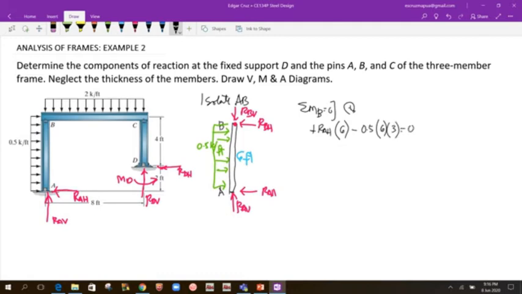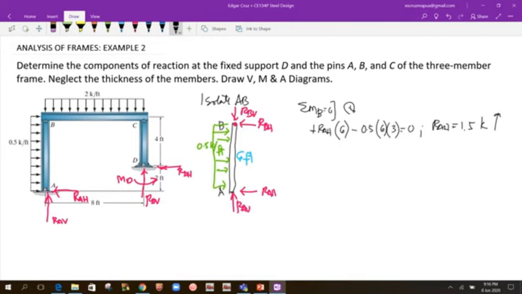Everything is equal to 0. If I compute for that, 0.5 times 6 times 3 divided by 6, that would be 1.5. So RAH is 1.5 kips, and that is positive, so the direction assumed, to the right, is correct.